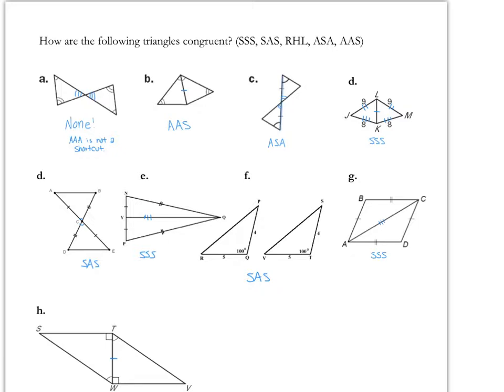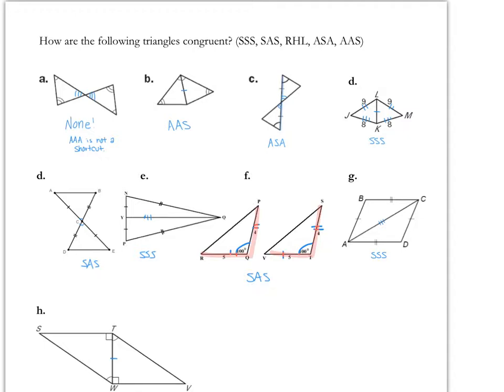This one, your sides are congruent, the 5s are congruent, and the 4s. So that means it's side angle side. Your two sides are sandwiching that angle, so the angle is in the middle between your two sides.